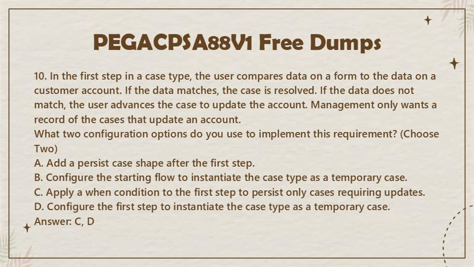A. Add a persist case shape after the first step. B. Configure the starting flow to instantiate the case type as a temporary case. C. Apply a when condition to the first step to persist only cases requiring updates. D. Configure the first step to instantiate the case type as a temporary case. Answer. C, D.